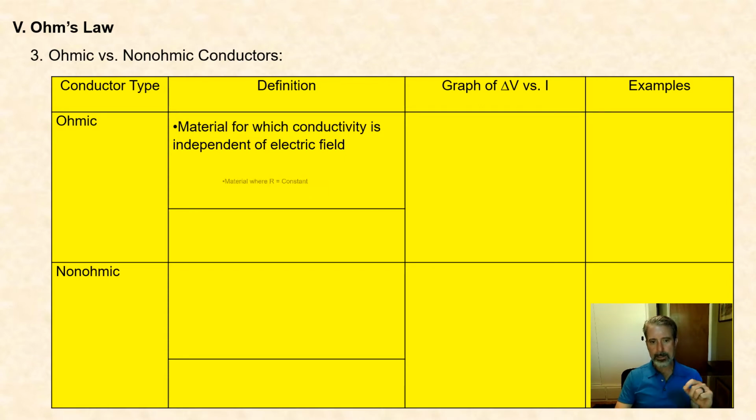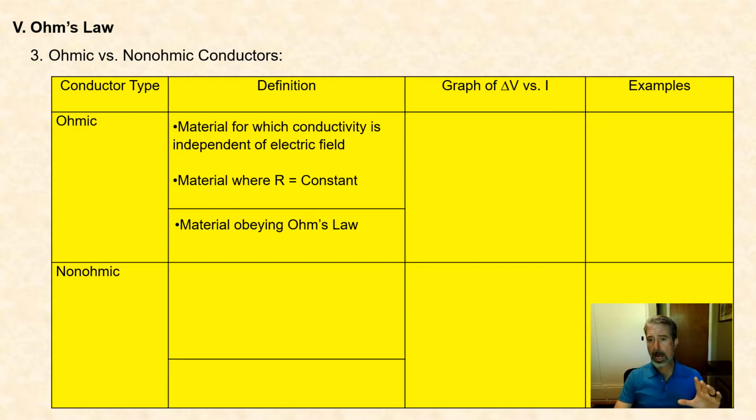And what that means is that if the conductivity is independent of the field that gets established in the material, that would be a material where the resistance is constant. And like I said, this is a material that would obey Ohm's law.